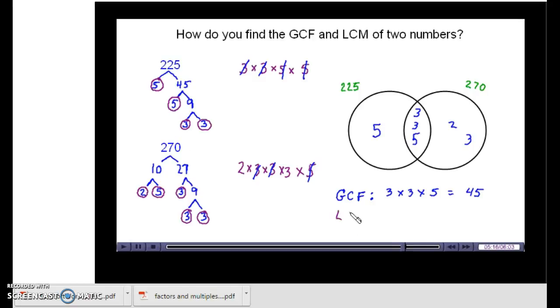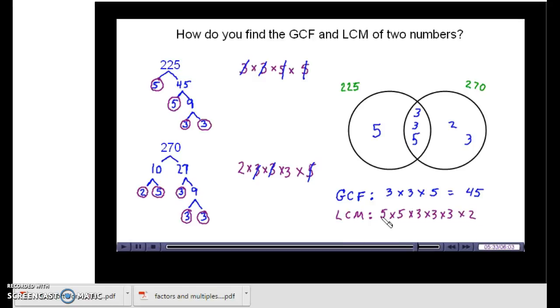Now let's find the least common multiple. That would be the product of all of the numbers you see in the Venn diagram. So that would be 5 times 5 times 3 times 3 times 3 times 2.